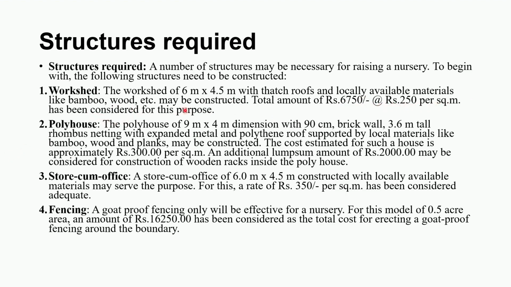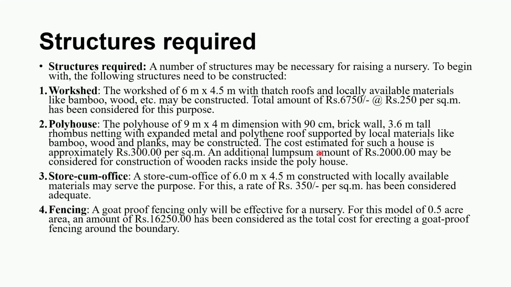Coming to the polyhouse, the dimensions should be 7 meters by 4 meters, with a 90 centimeter brick wall and 3.6 meter tall rhombus netting with expanded metal, supported by local materials like bamboo, wood, planks, etc. All of these should be taken into account for construction.